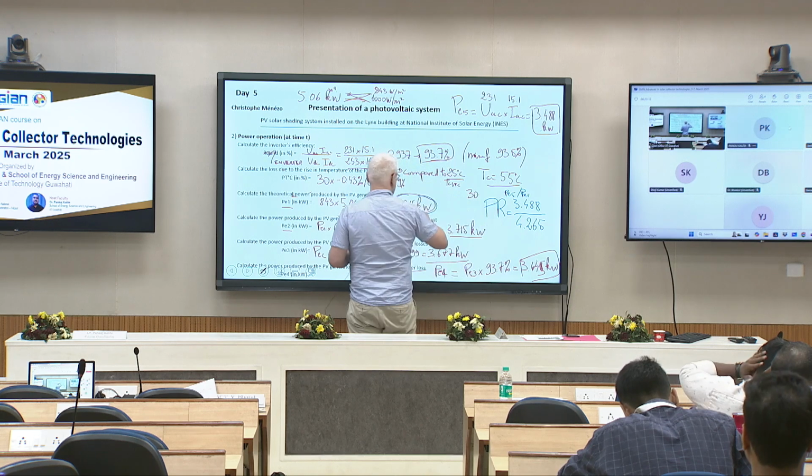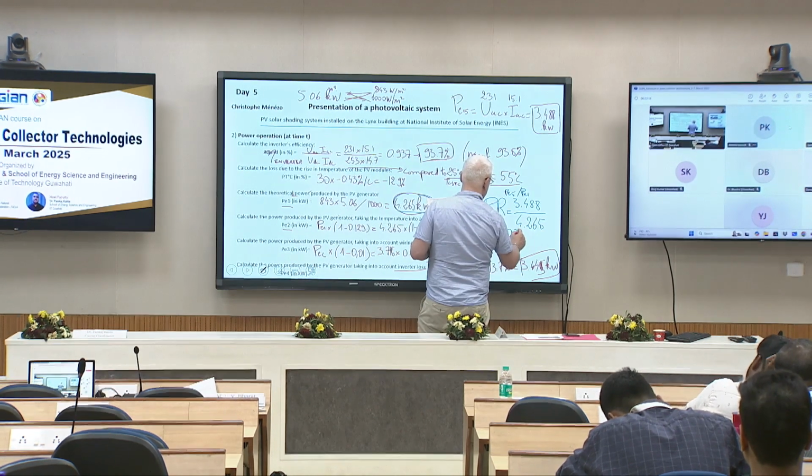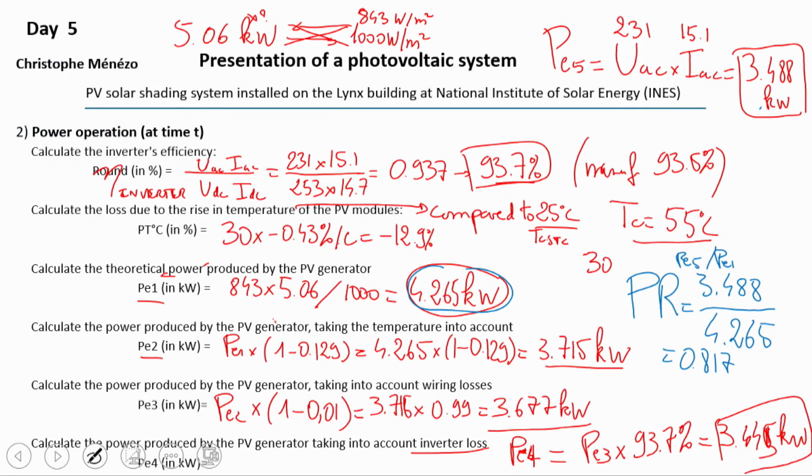So I have 0.817. So it's over 0.8. I said that if it is at 0.8 or over, it's very good. My PV central is operating in good condition, no problem.